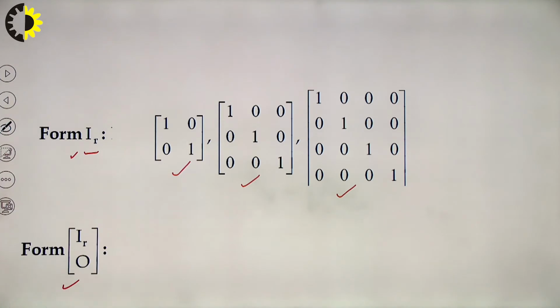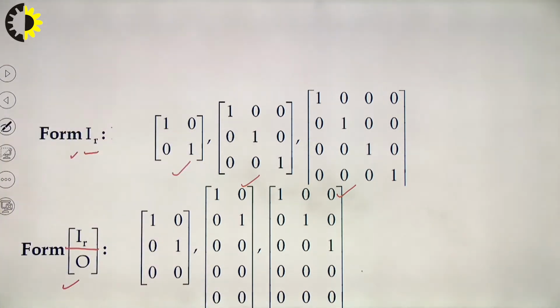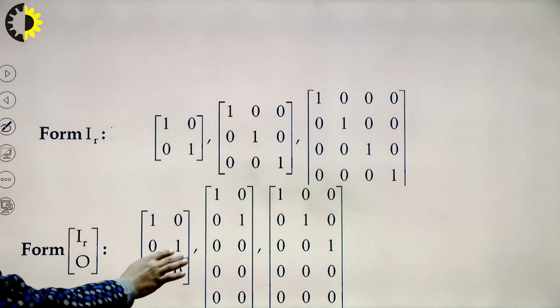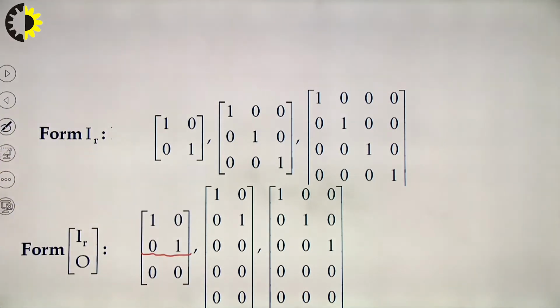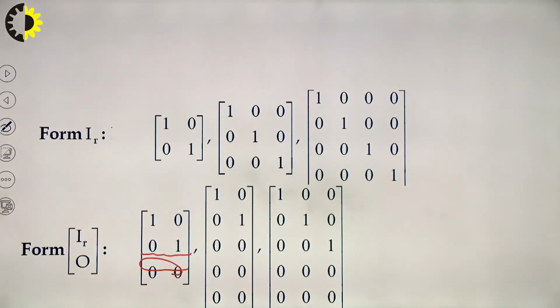Now, we move towards the second form, [I_r; O]. This form means identity matrix on the upper part, and the lower part of the matrix consists of only zeros. These are the examples of this form. In this first matrix, the upper part has the identity matrix, and the remaining elements of the matrix are 0.